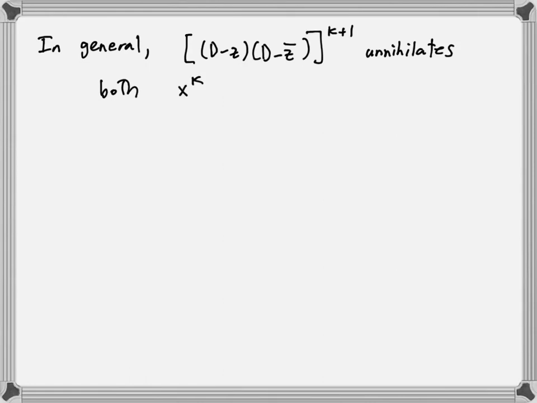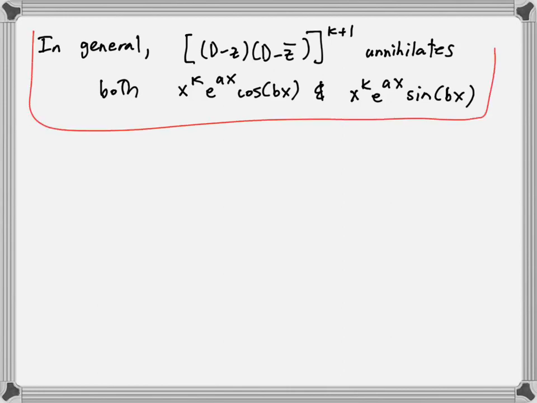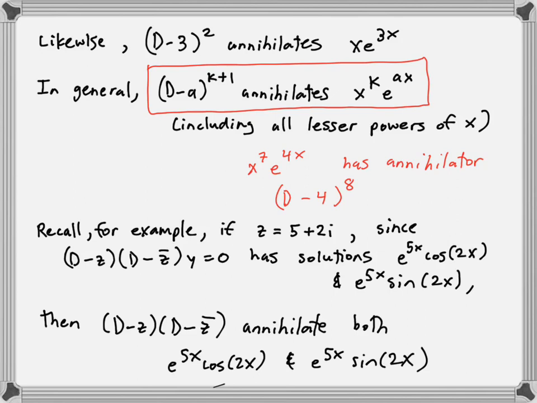You'll notice that I have an x to the k e to the ax cosine of bx and x to the k e to the ax sine of bx. Again, this is a general formula that we're going to use all the time, so I'm going to put a box around it, okay? So these are the two main annihilator formulas that we have to know. We have to know how to annihilate sines and cosines, and we also have to know how to annihilate just exponentials.